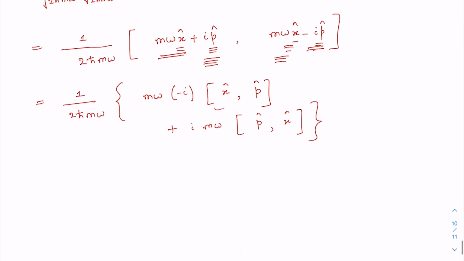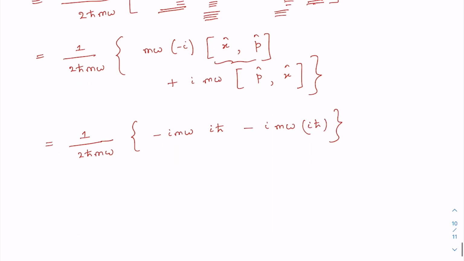We know the commutation relation between x cap and p cap is equal to i h cross. So therefore I have 1 by twice h cross m omega, minus i m omega i h cross, and here I have i m omega i h cross.